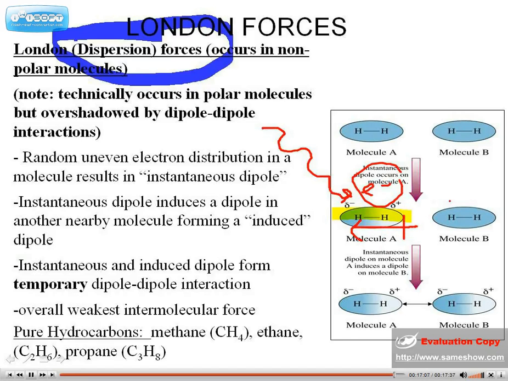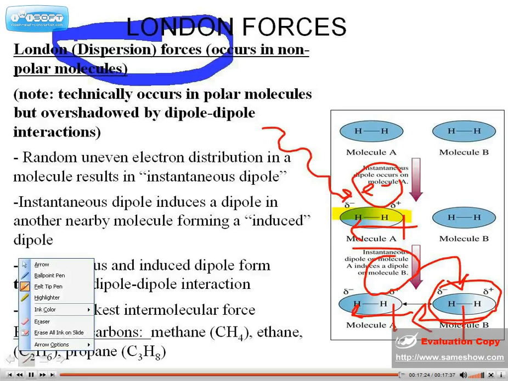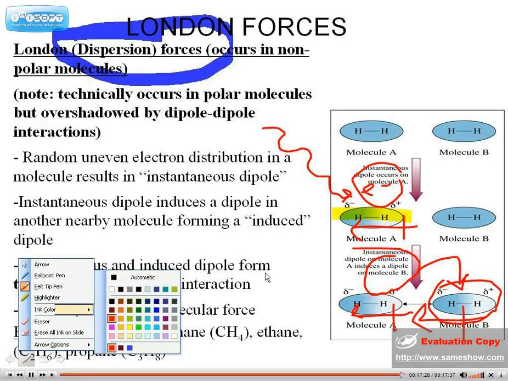When this molecule is near another molecule, it induces another dipole in the other molecule. Hence, we now have a temporary dipole-dipole interaction. It's a lame reason, but this is what scientists have come up with, and so we're just going to go ahead and run with it.